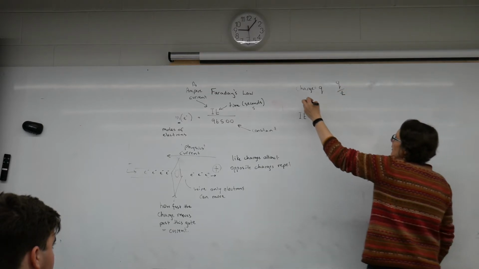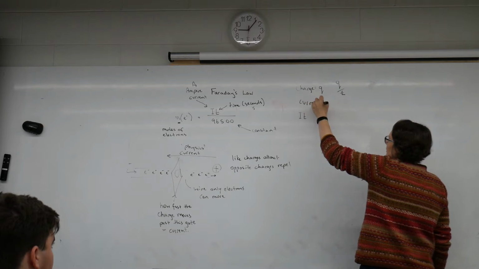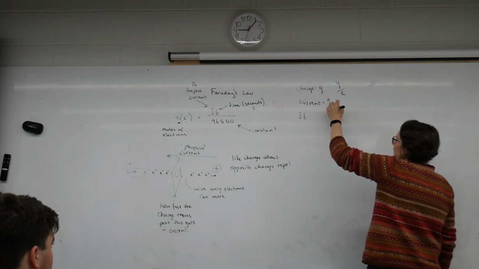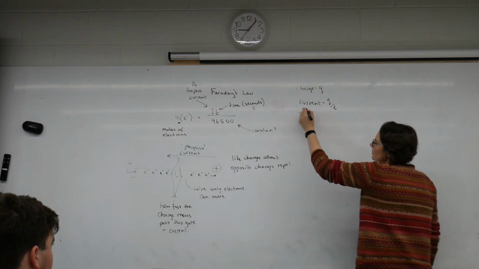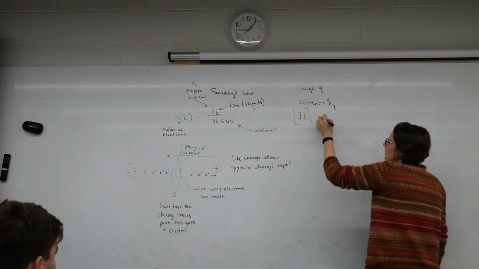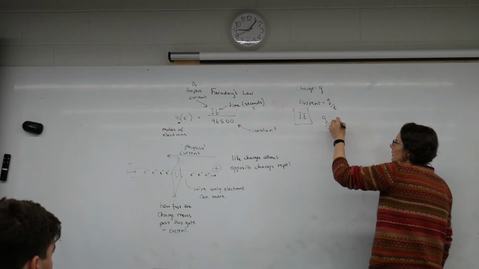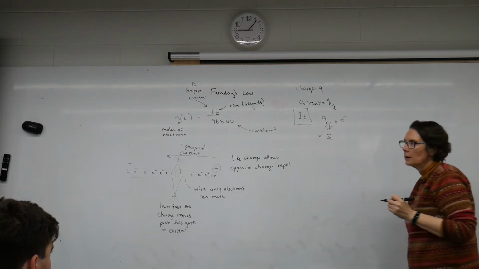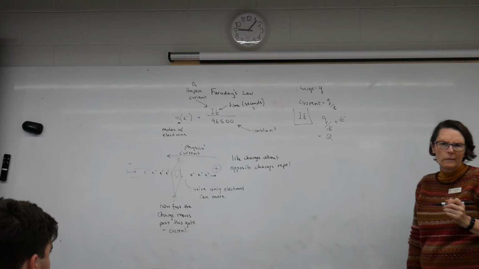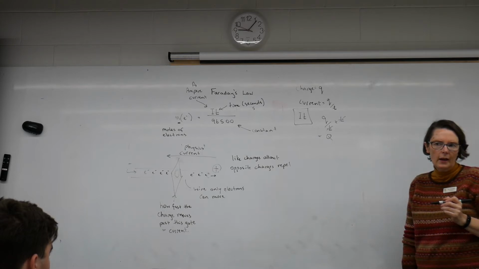then current I is q on t. And then in this arrangement here, q on t times t just gives me q. Are we all right with that?